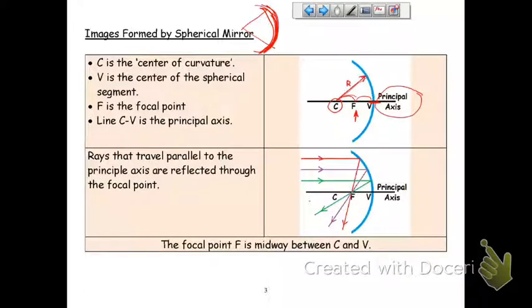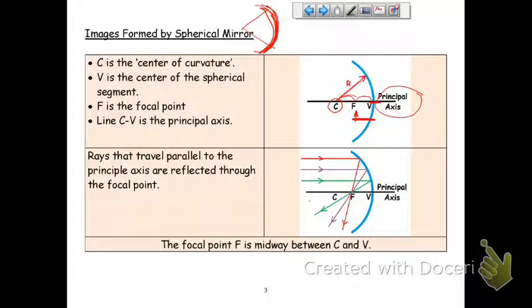It's the focal point that I'll use for mirrors, I'll use for lenses, I'll use the focal point in all cases pretty much. Whereas the center of curvature is only used in a curving mirror. Okay, so F is the focal point. I can talk about the focal length, which is that distance between the mirror and the focal point.